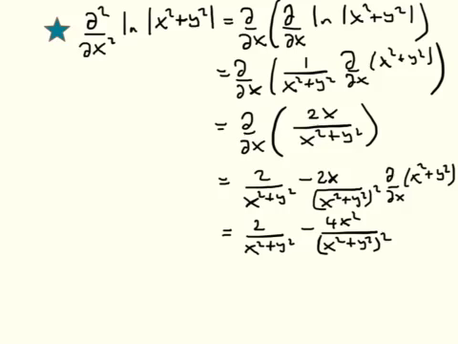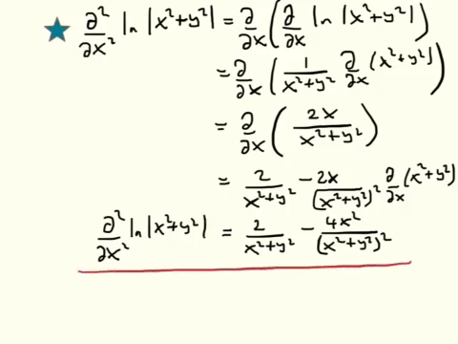So this is our final result for the second derivative with respect to x of the logarithm of the modulus of x squared plus y squared. And to do it, we've used the chain rule for powers together with the product rule, and we'll now turn to the final exercise of this video.